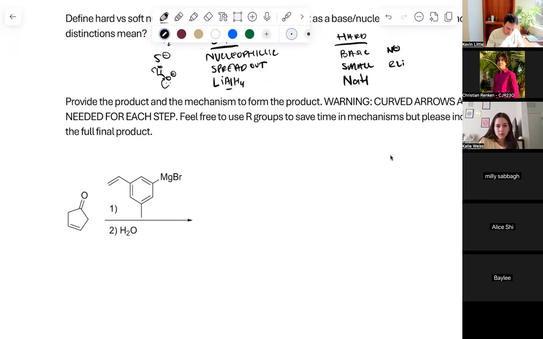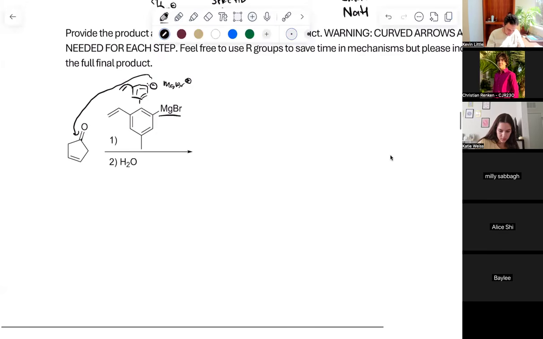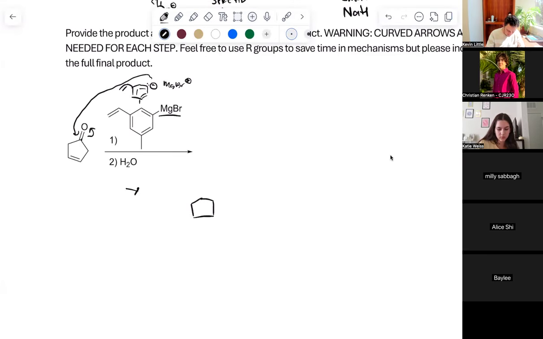Here I see a Grignard, I see a metal. I'm going to go ahead and rewrite it with a negative charge. I've got a nucleophile, I've got an electrophile. It adds in and kicks up the electrophile. I broke a carbonyl.